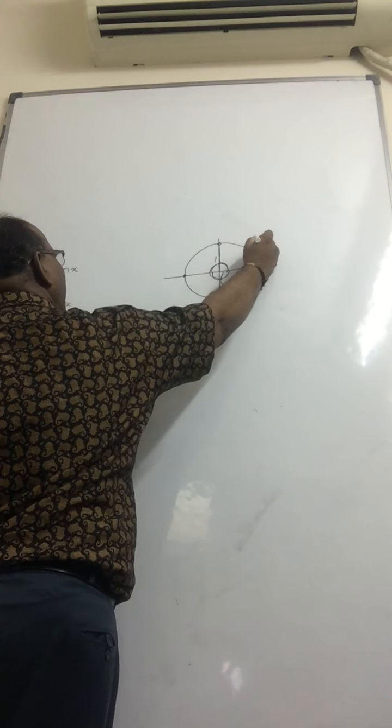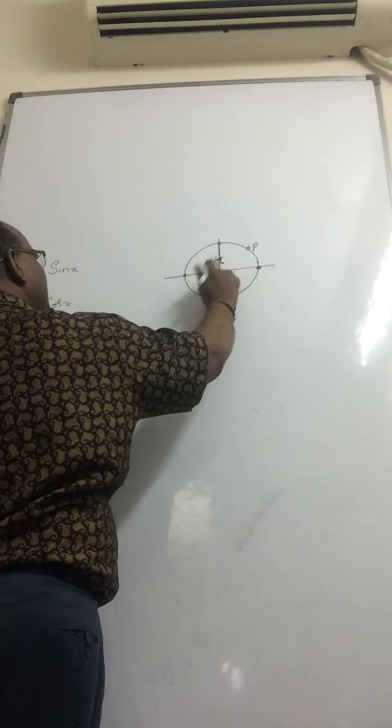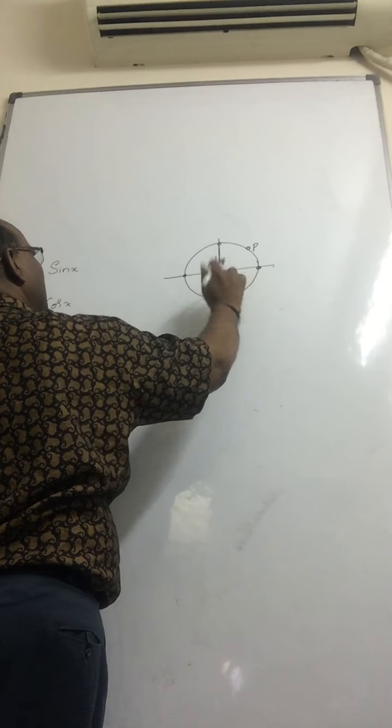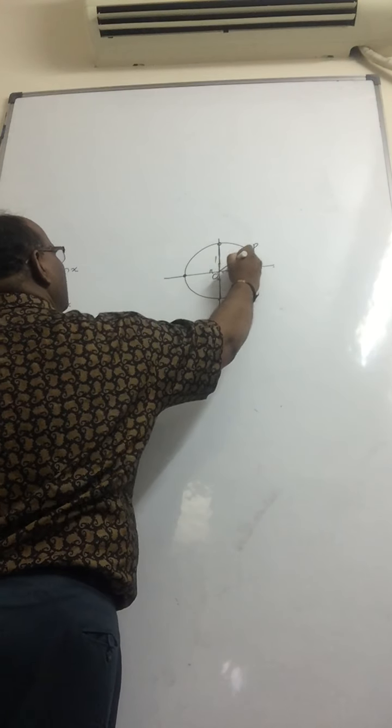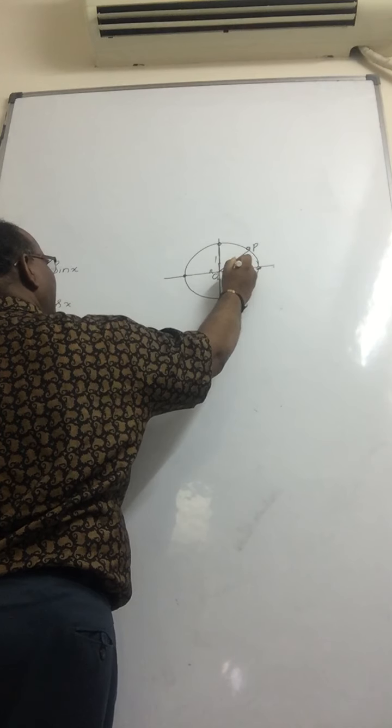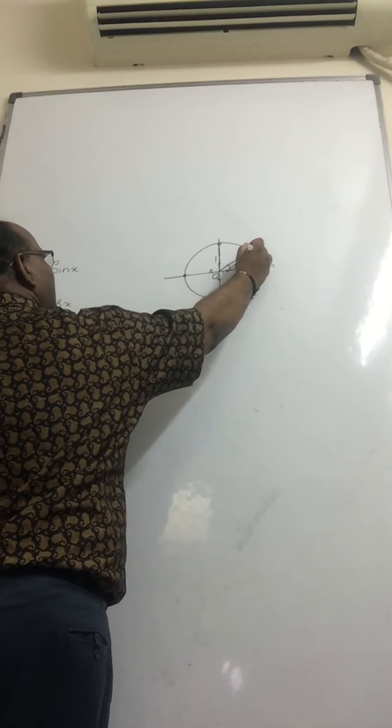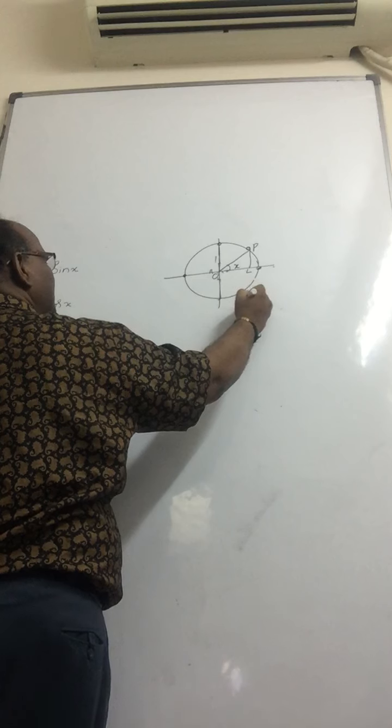Suppose you take P here, and this is the center O. This line OP makes an angle X. Draw a perpendicular.